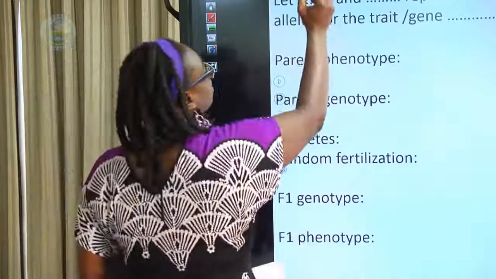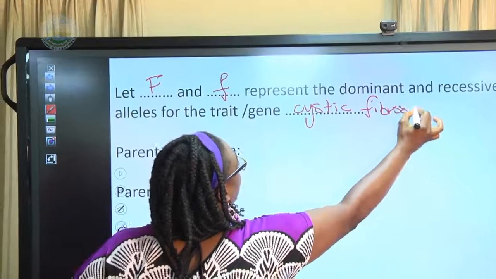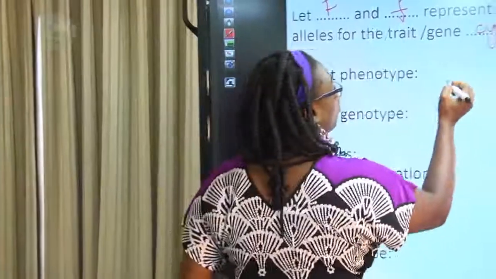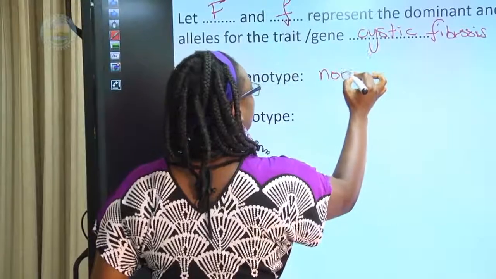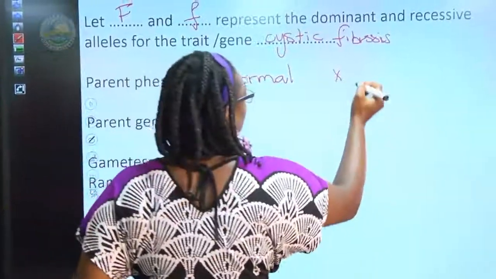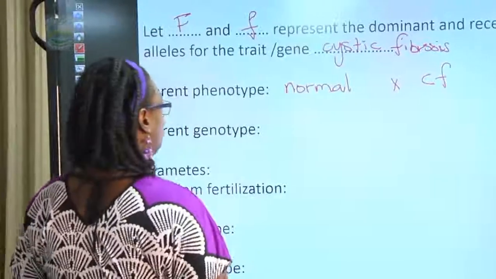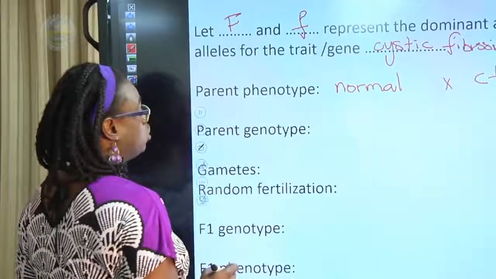So let us use capital F and small f to represent the alleles for the trait cystic fibrosis. So the parents' phenotype, we know one is normal, and we know that one has cystic fibrosis. Parents' genotype.